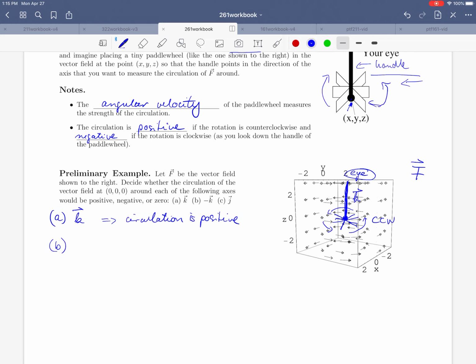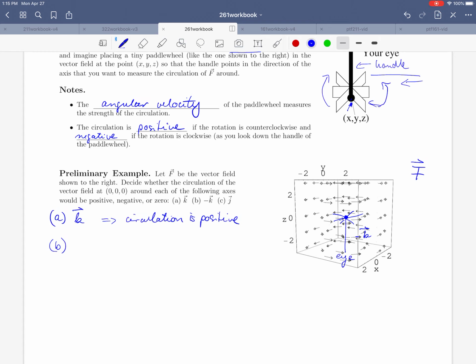So for part B, we are looking at the handle pointing in the direction of minus K. So let me clear my picture. So I put in again the bottom of the pedal wheel at the point 0, 0, 0. But now minus K is going straight down. And so the pedals are up here. My eye is down here.